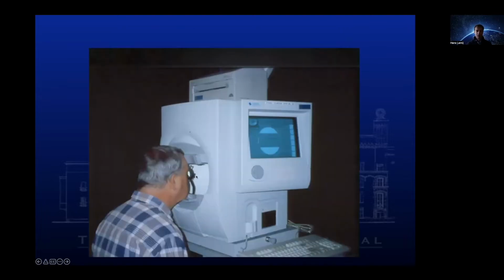Here you can see the patient sitting in front of a visual field perimeter in which light stimuli are presented. And whenever the patient sees the light, she pushes the button, and then we get a printout that looks a bit like this.